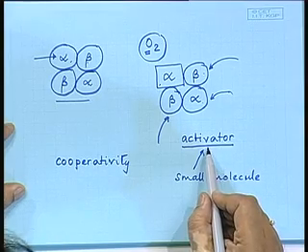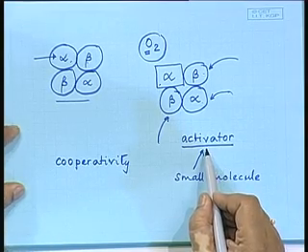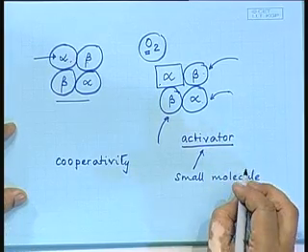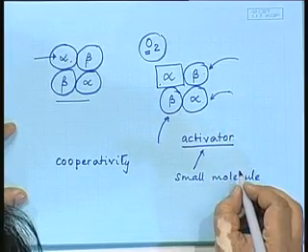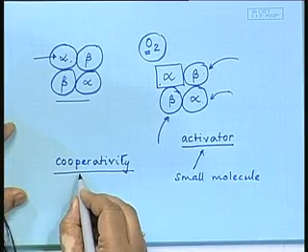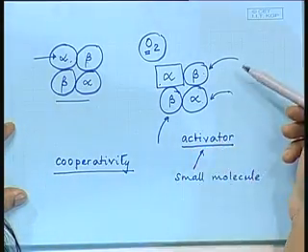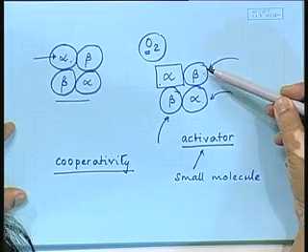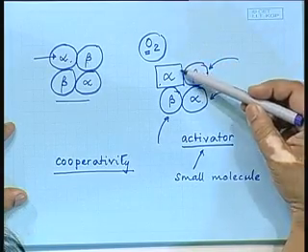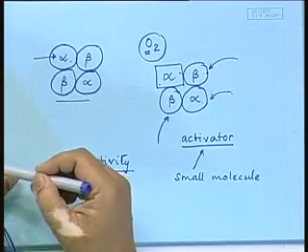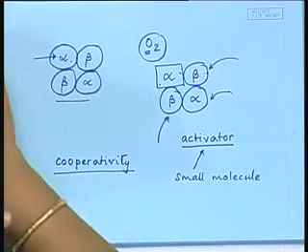We can also have an inhibitor in this case, for example, if carbon monoxide binds to hemoglobin. But what we mean by cooperativity is the facilitation of binding of the other ligand molecules, assisted by the binding of the first one. Okay? That is what is called cooperativity.